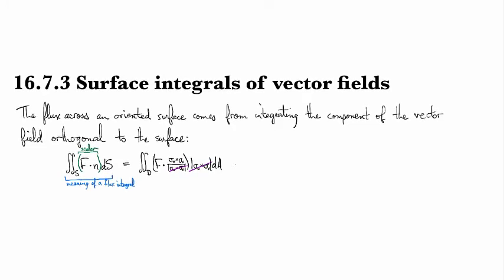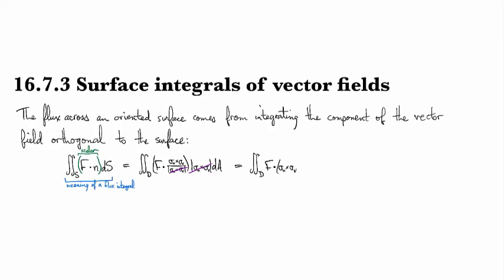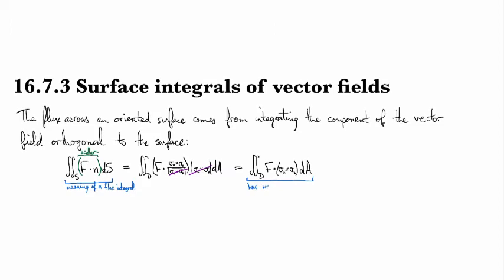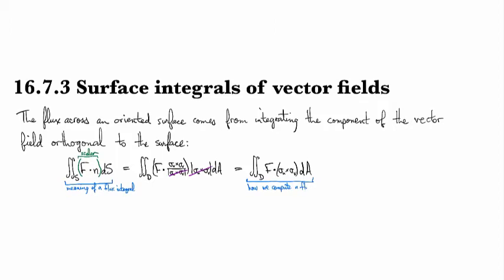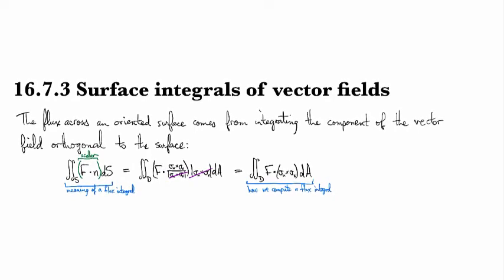And that leads to the double integral over the parameter domain of F dotted with sigma u cross sigma v dA. And so this is how we compute a flux integral. Or more generally, how we compute the surface integral of a vector field over a parametrized surface.